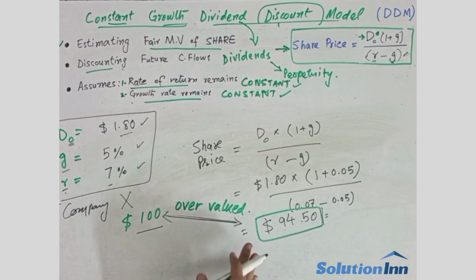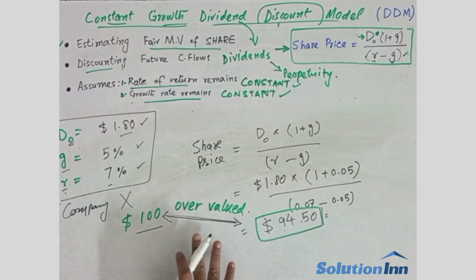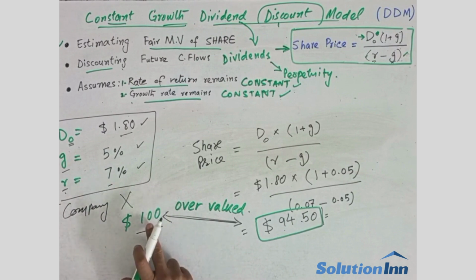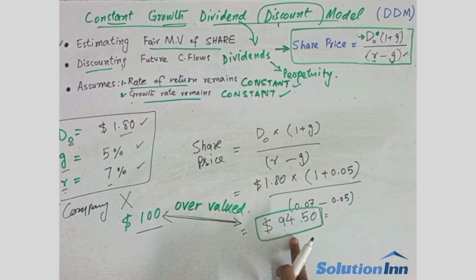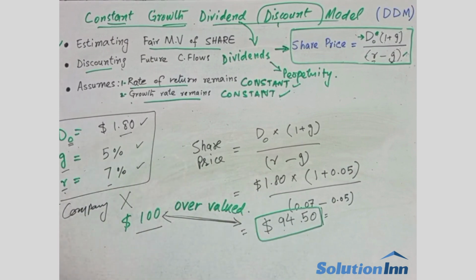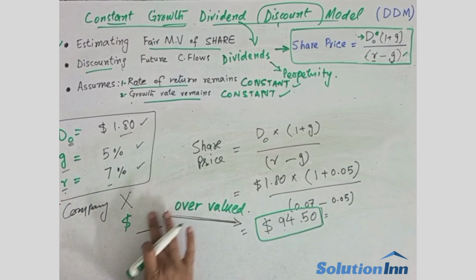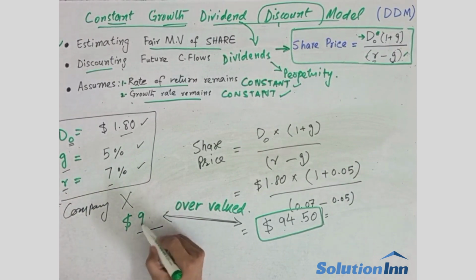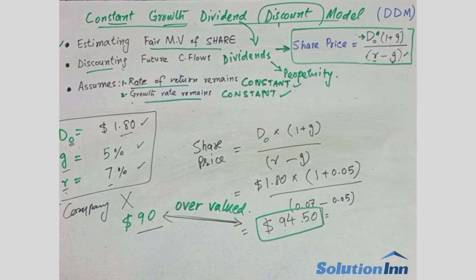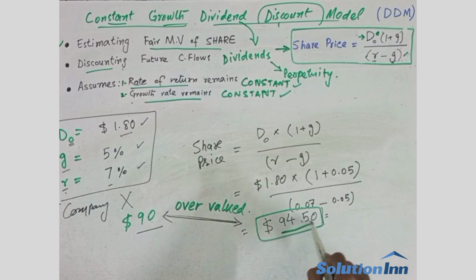This means that the shareholder will pay extra for something that is worth less. In case company X share is being traded at $90, we'll see that a share, if you purchase it for $90, has an intrinsic value of 94.5.